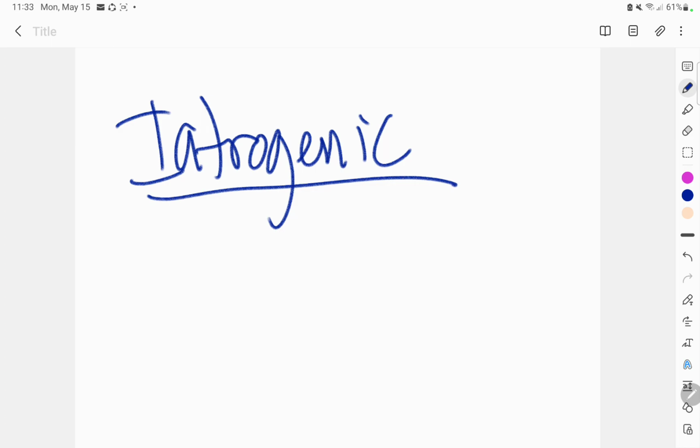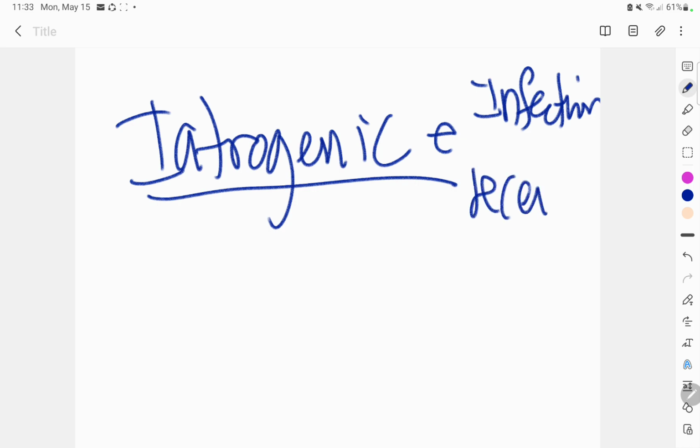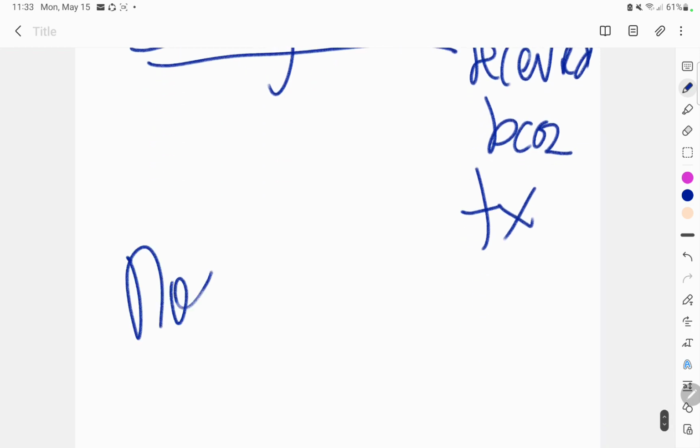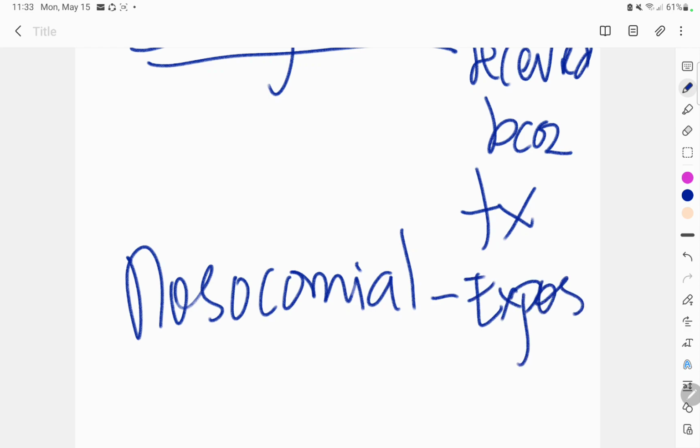When you say iatrogenic infection, there is an infection received because of treatment. No, may infection ka nang tanggap because of the treatment. While nosocomial, you are just exposed. No, exposed ka lang sa hospital, kaya nagkaroon ka ng infection. Or this is what you call hospital-acquired na infection.